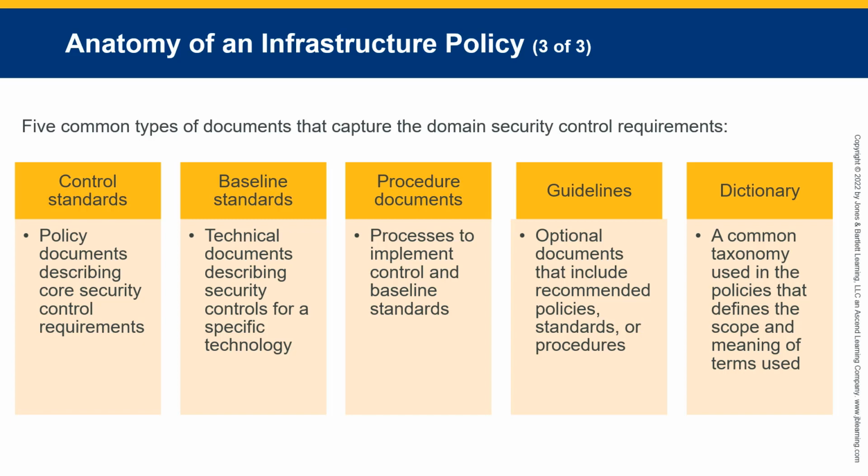Thirdly, procedure documents, processes to implement control and baseline standards. Next is guidelines, optional documents that include recommended policies, standards, or procedures. And then you have the dictionary, a common taxonomy used in the policies that defines the scope and meaning of terms used.